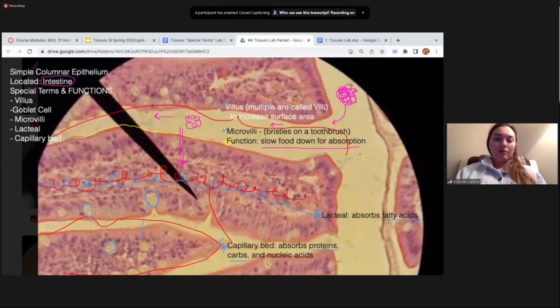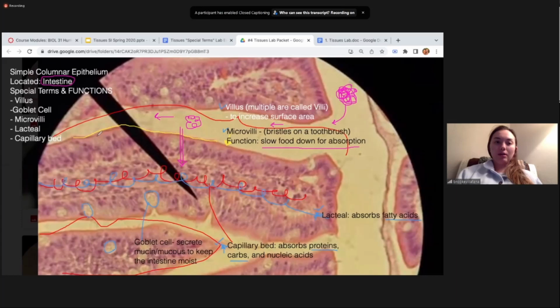And the function of the goblet cell is to secrete mucin/mucus to keep the intestine moist. So it's basically keeping the lining of the intestine moist, allowing the food to glide or slide along that area.